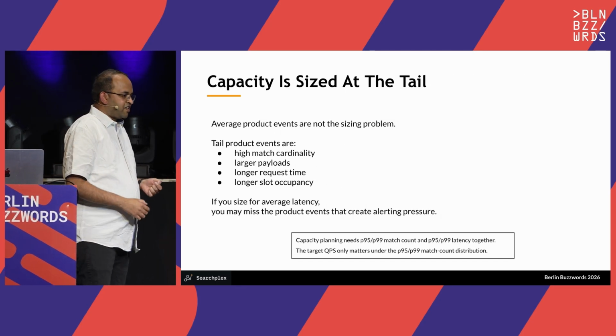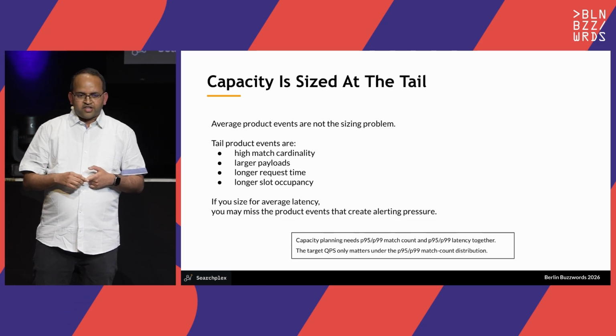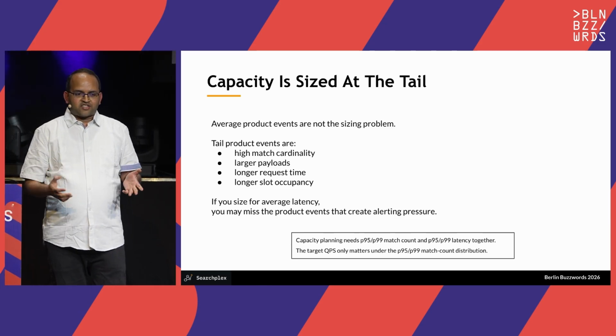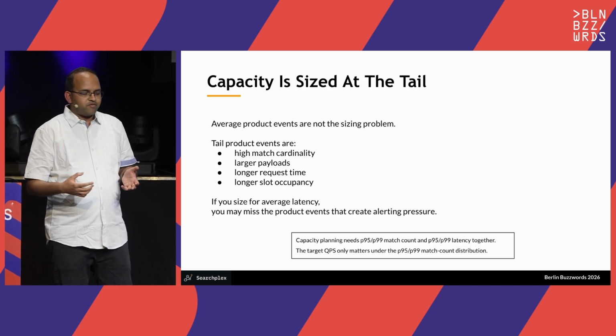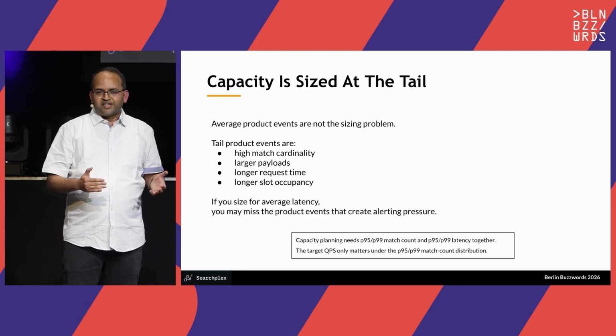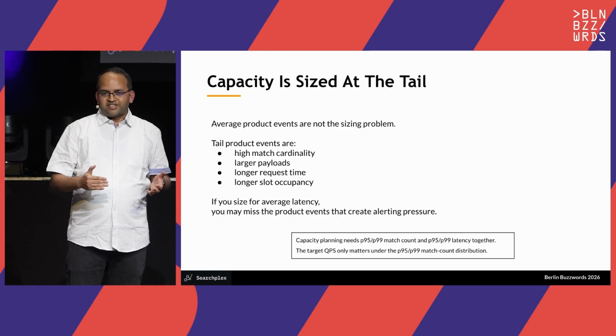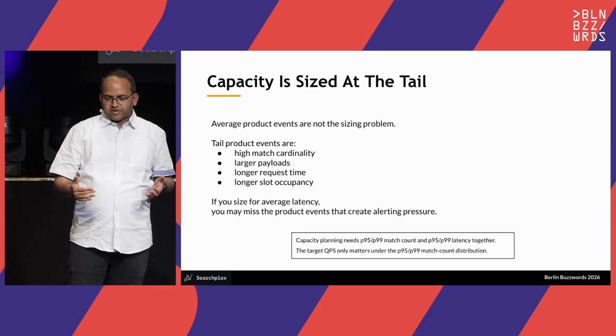So if you're sizing for this kind of service to work in production, your capacity planning has to be at the tail. And what that means is the strictest match is at the 0 matches for a particular saved search.